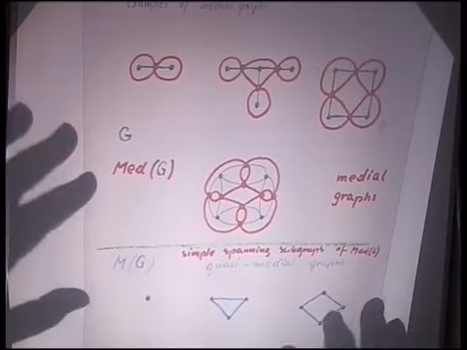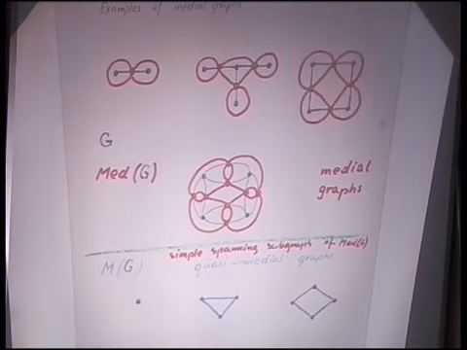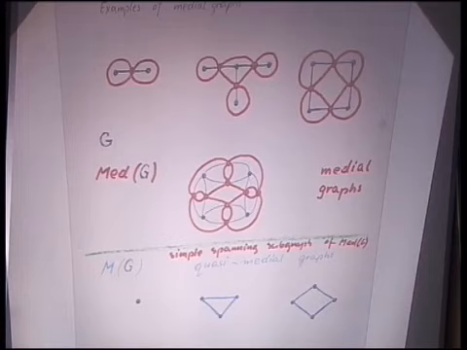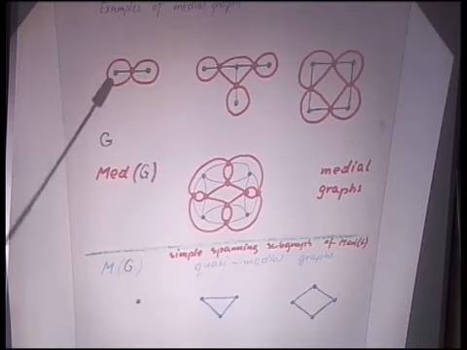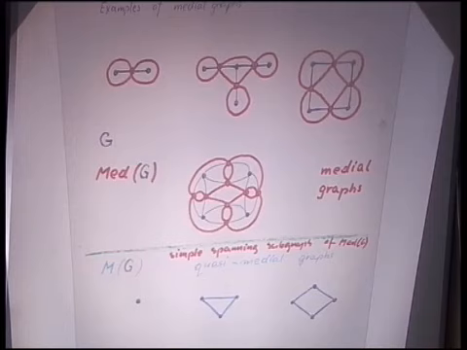The medial graph is defined for a planar embedding of a graph. Say, let our planar graph be denoted here by black color, these black vertices and these black edges. The medial graph is constructed from this embedding of the planar graph as follows.